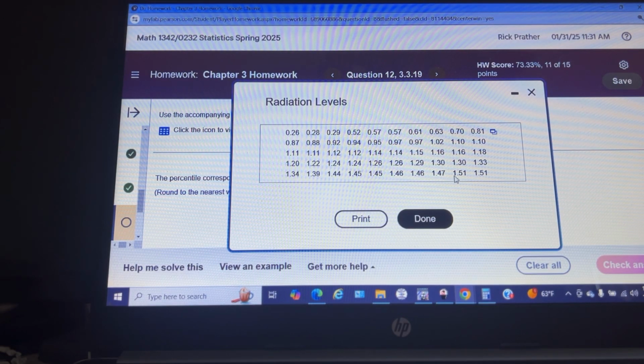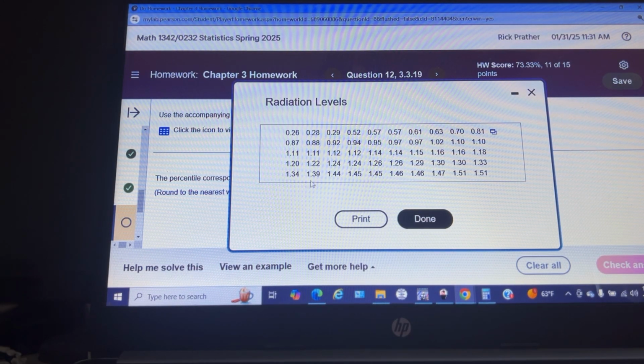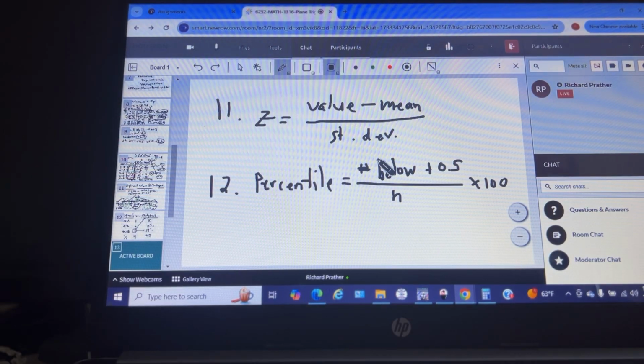There's only 2 that are higher than that, so this is going to be a very high percentile rank, like 90-some percent or more. So how many are below this one? 1, 2, 3, 4, 5, 6, 7, and there's apparently 10 in a row. So 10, 20, 30, 47. There's 47 below this one.